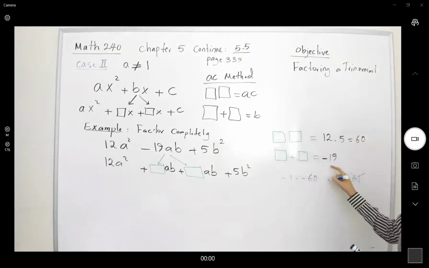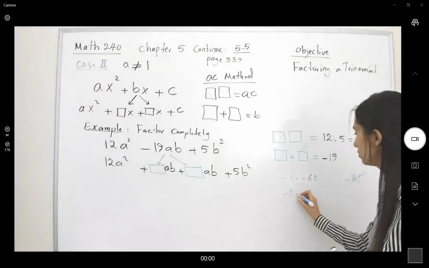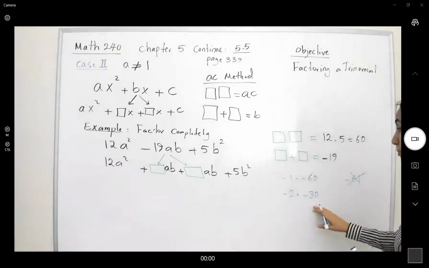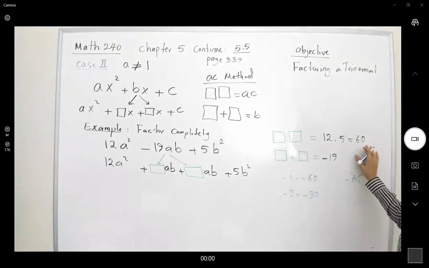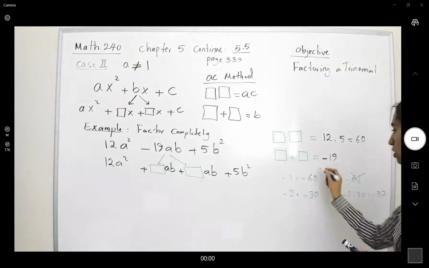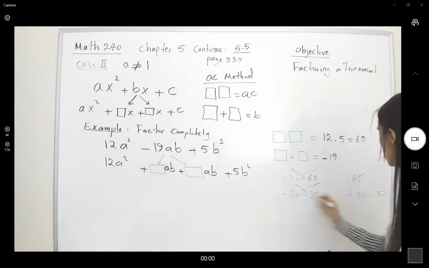Not a good option. I'm looking for negative 19. What else? Negative 2 times negative 30. The multiplication gives me positive 60, but if I add them together, negative 2 minus 30 gives me negative 32. It's not negative 19. Not a good option.